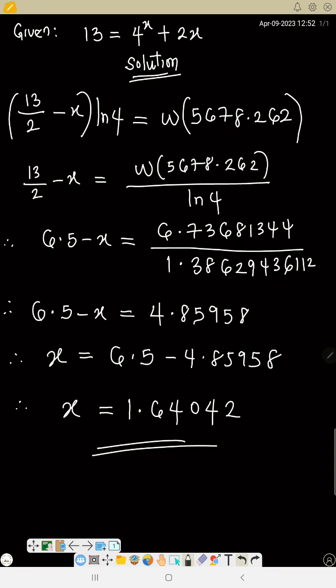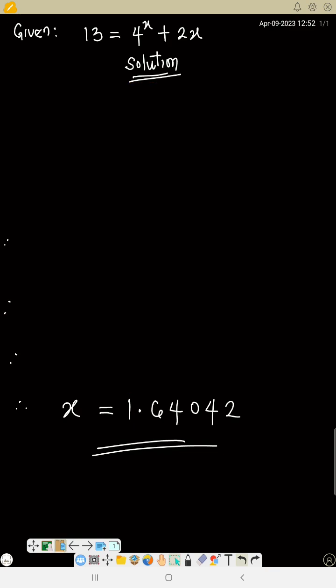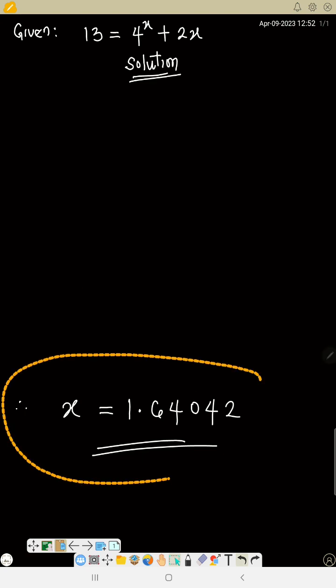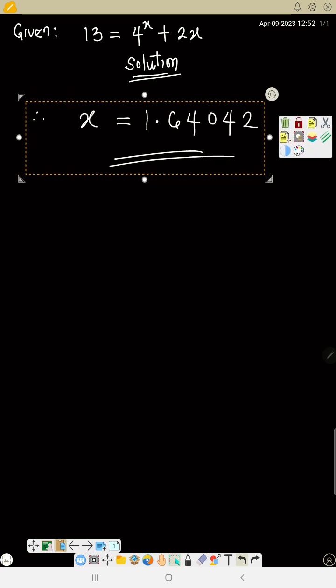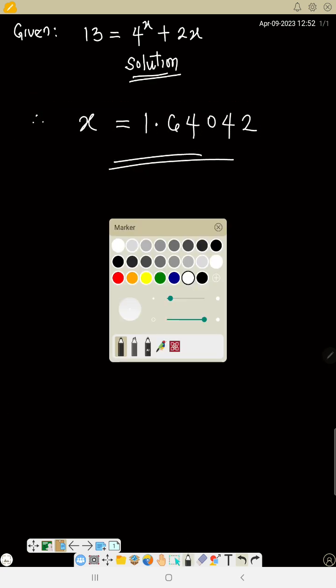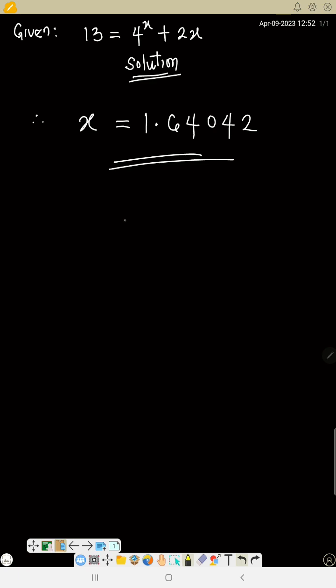So we can confirm whether the answer is right or wrong. So this is our answer now. So check: 13 is equal to 4 raised to power s plus 2s.